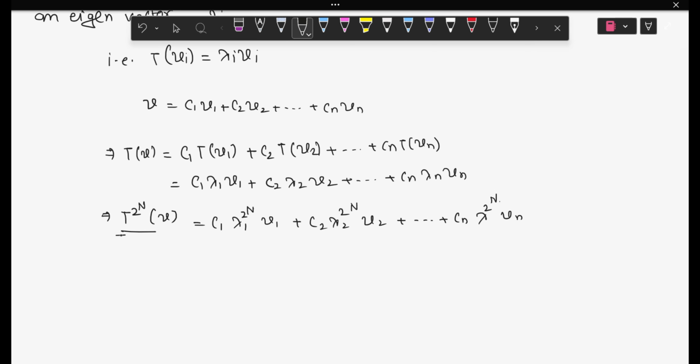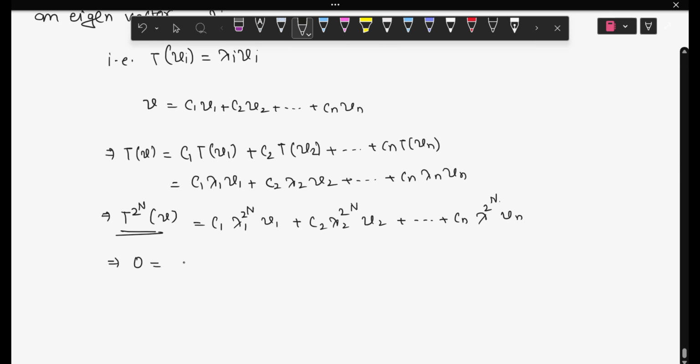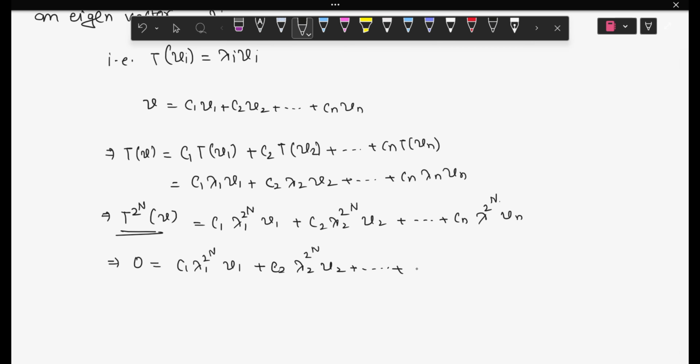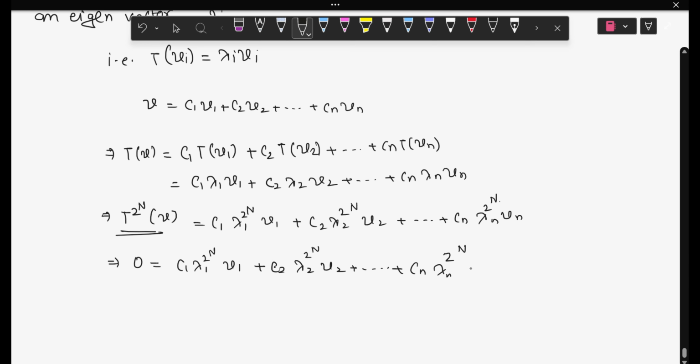Now, this is equal to 0 as this operator is given to be the 0 operator. So, this would imply 0 equals c1 lambda 1 to the power 2 to the power n v1 plus c2 lambda 2 to the power 2 to the power n v2 plus dot dot dot cn lambda n to the power 2 to the power n vn.